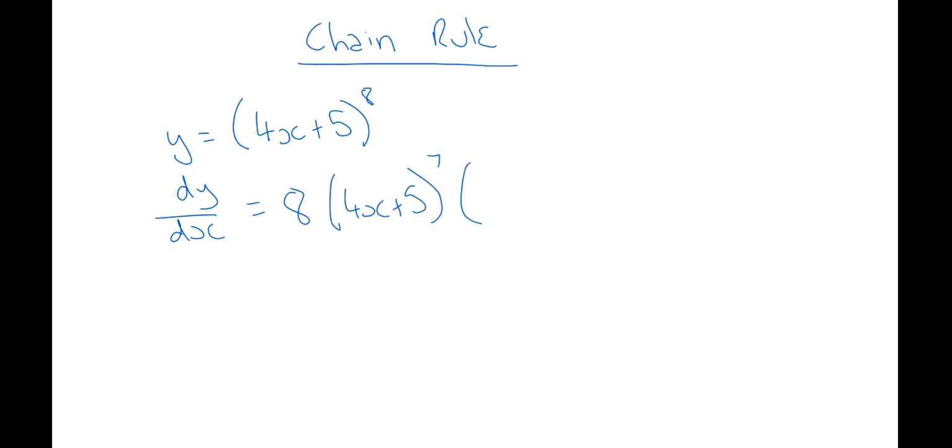So what is the derivative of this part? It's just 4, right? Because if I have 4x plus 5 and I differentiate that, I just get 4 and then the 5 disappears. So when I differentiate something with multiple terms in a bracket with a power, like the binomial expansion, I do exactly what Josiah suggested: bring the power down and multiply out the front, reduce the power by 1, but the extra step is multiplying by the derivative of the brackets.